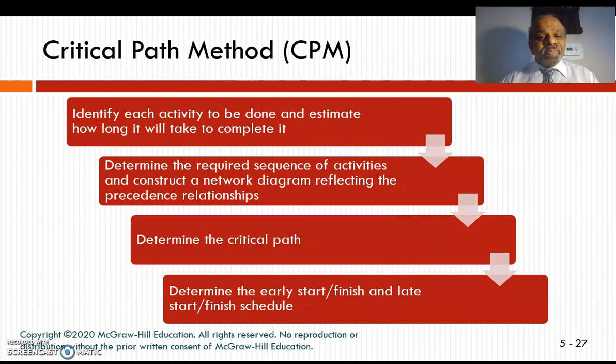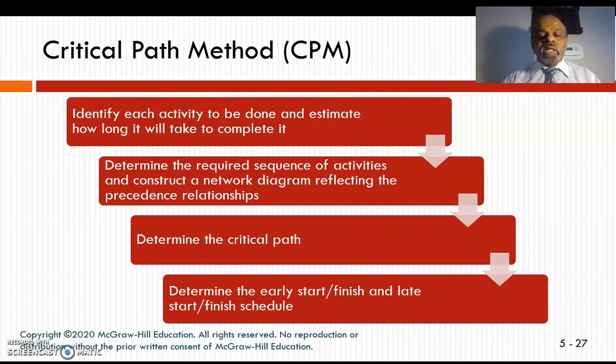The critical path method, which is the CPM, identifies each activity to be done, and it also tells you what the critical path is. It also tells you the early start for a particular activity, the early finish, the late start, and the late finish.